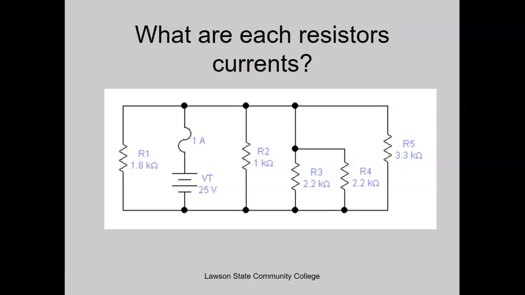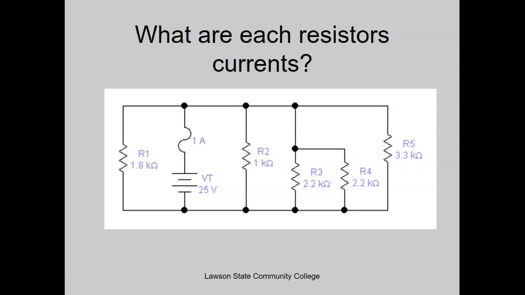We have 25 volts divided by 3,300 ohms, rather. 3.3 kiloohms. 7.57 milliamps.